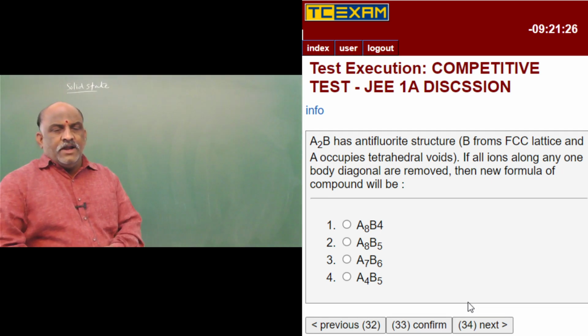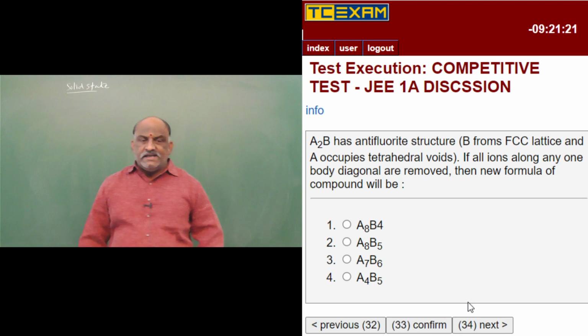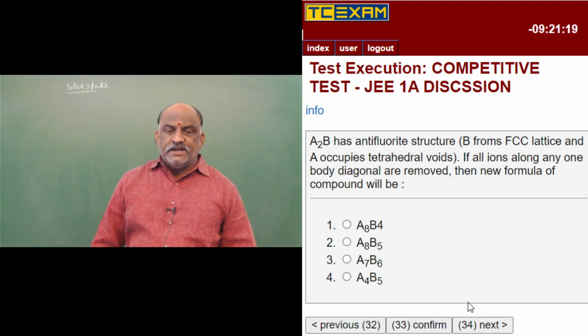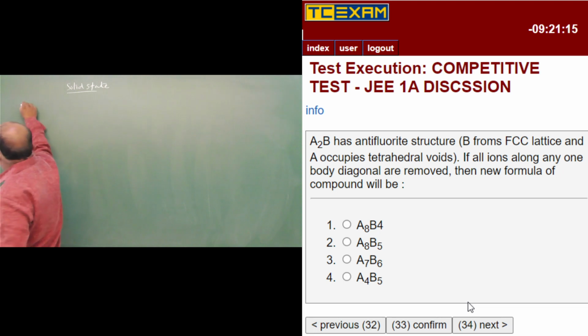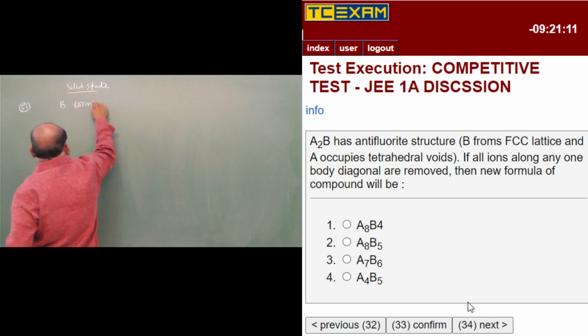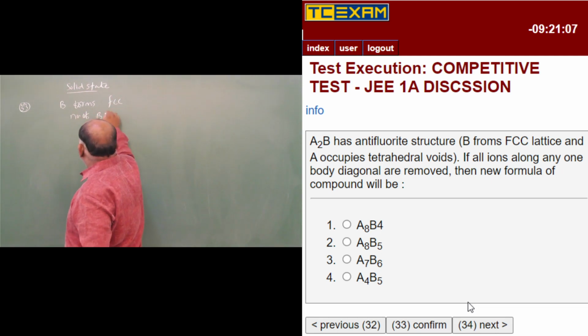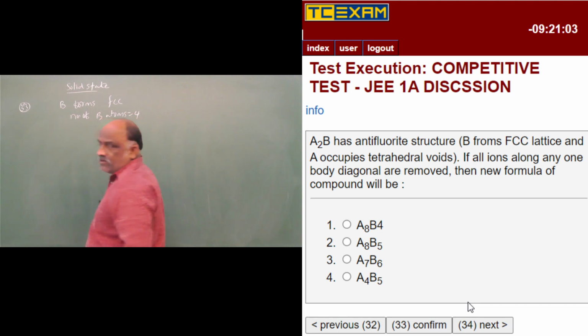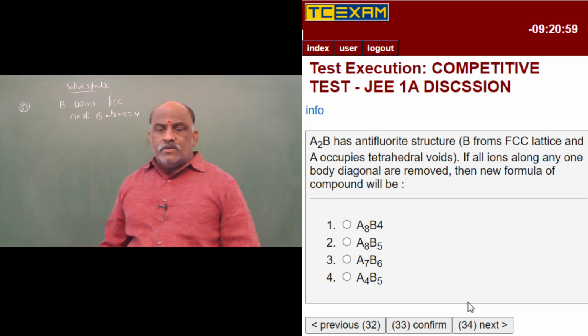33. A2B has antifluoride structure. B forms FCC lattice and A occupies tetrahedral voids. So here, B forms FCC: number of B atoms is 4.